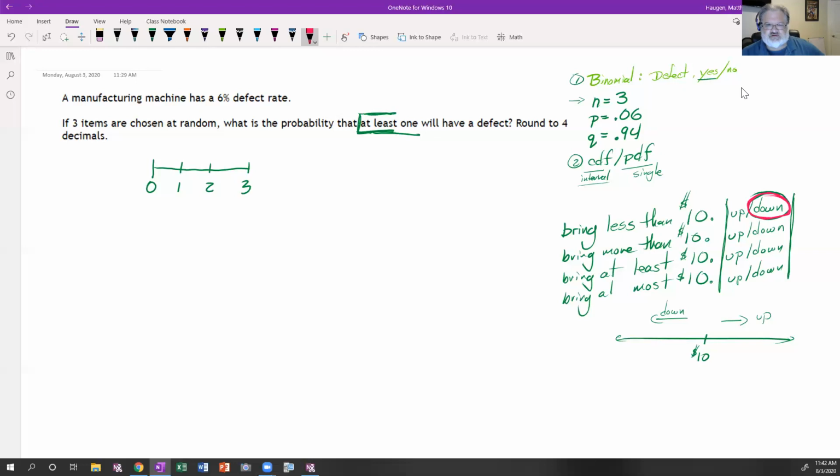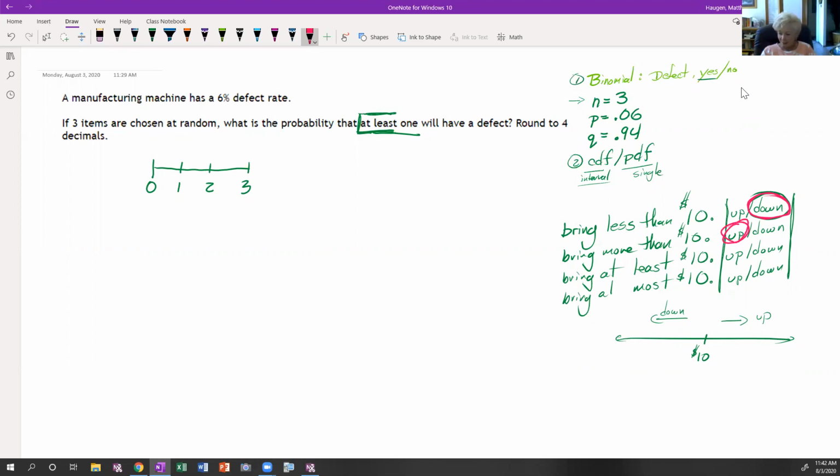I like that. Well, yeah, I'd go up. More than $10? Well, what's more than $10? So 13 is, 14 is, 15 is, $100 is. So up, I'll buy that. Bring at least $10. And below.